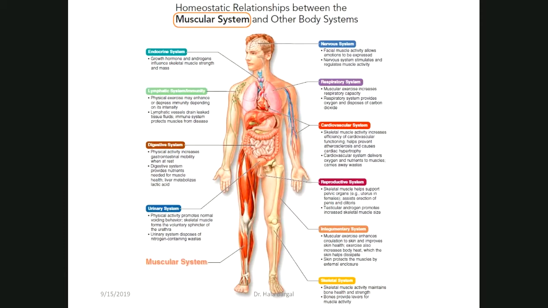The reproductive system: the masculine hormone increases the size of the muscle, while the feminine hormone, estrogen, and the masculine hormone increase the size of the muscle. The integumentary system covers the muscle and protects it. Skeletal muscles: contraction of the muscles leads to movement of the different joints.